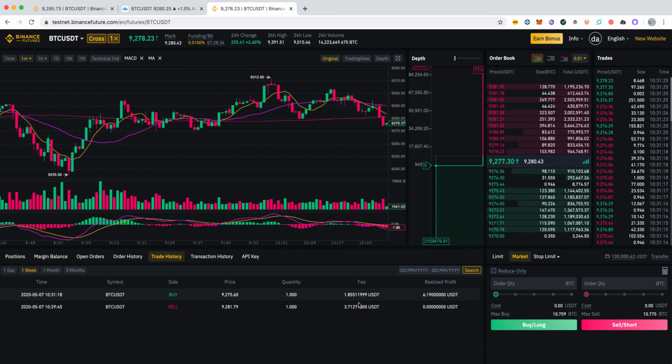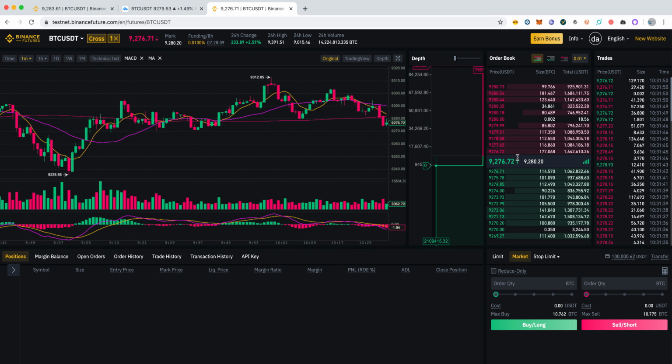Of course, I paid some fee. I realized some profit because I shorted here and closed it here, and I gained $6. Indeed, all these dollars went into fees.